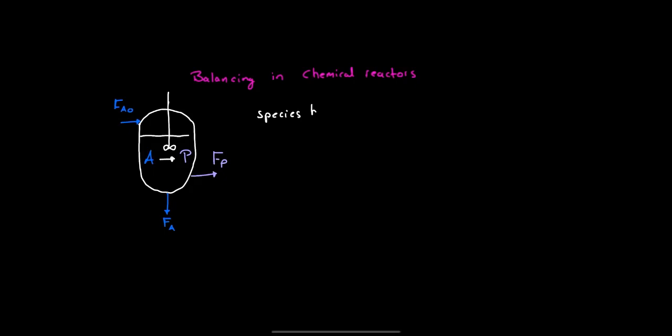Species balance for species A. So within our reactor, we're going to have a change of the species A with respect to time. So let me write that down so you can take notes.